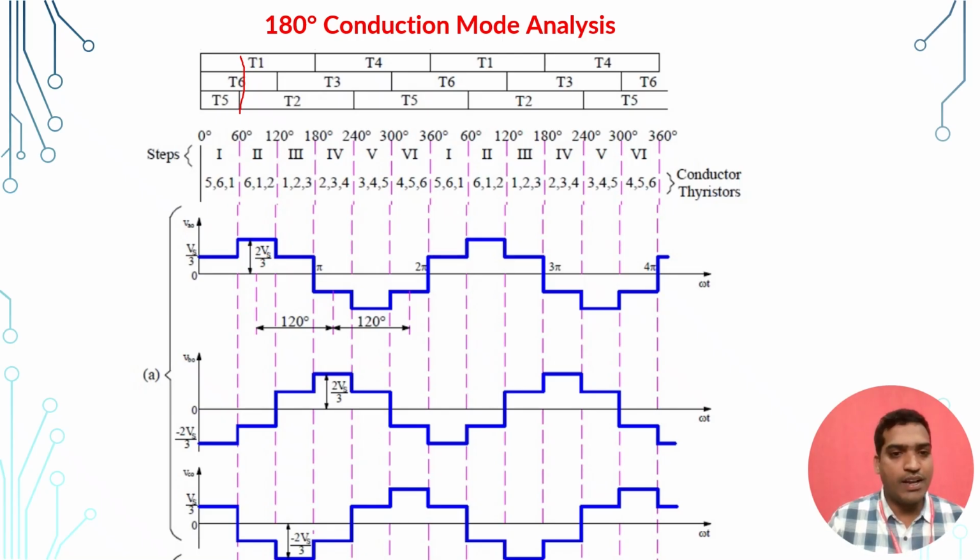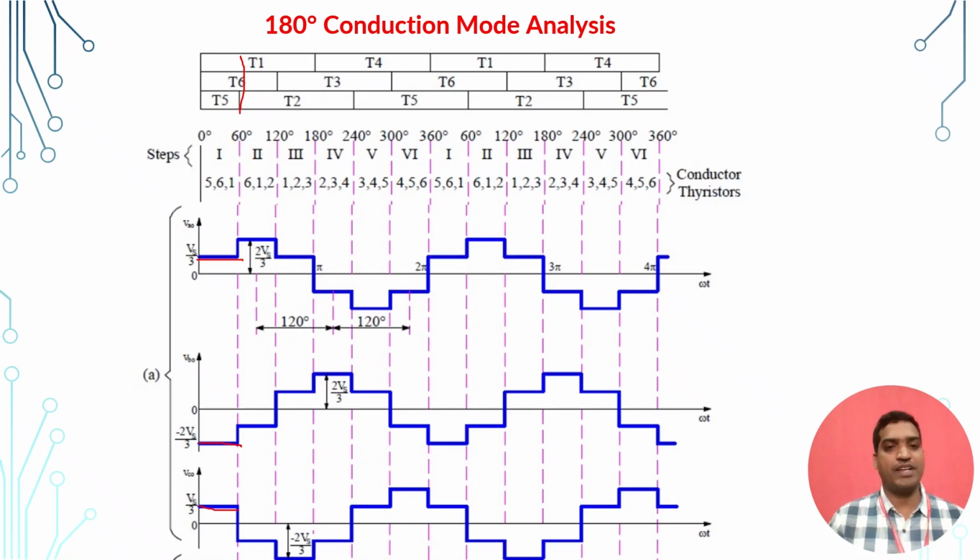So in this particular case, VA0 we can get as Vs by 3, and VB0 we can get from the mathematical analysis as minus 2Vs by 3. Similarly, VC0 as well as VA0 are both equal, we can get as Vs by 3. So I will write the output waveforms: for VA0, that is Vs by 3, for VB0, that is minus 2Vs by 3, and for VC0, again Vs by 3.